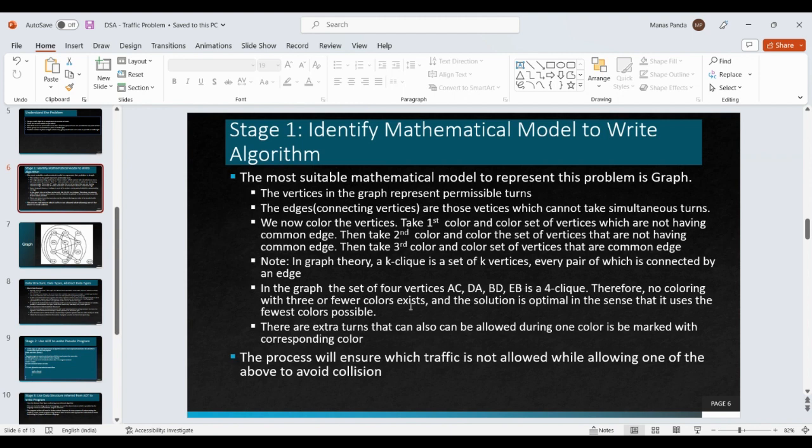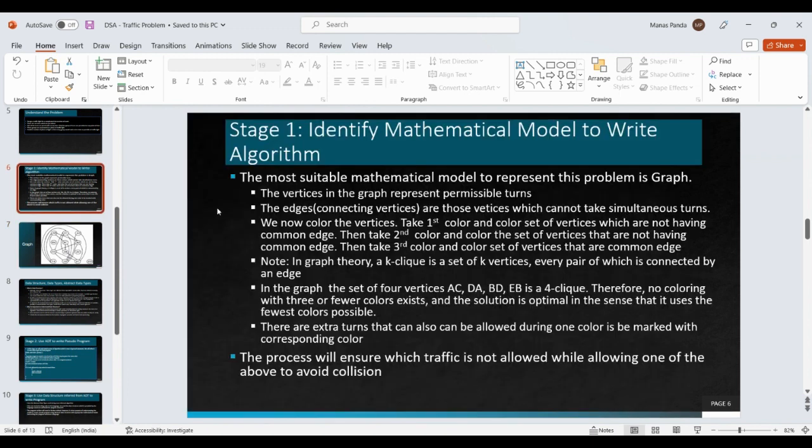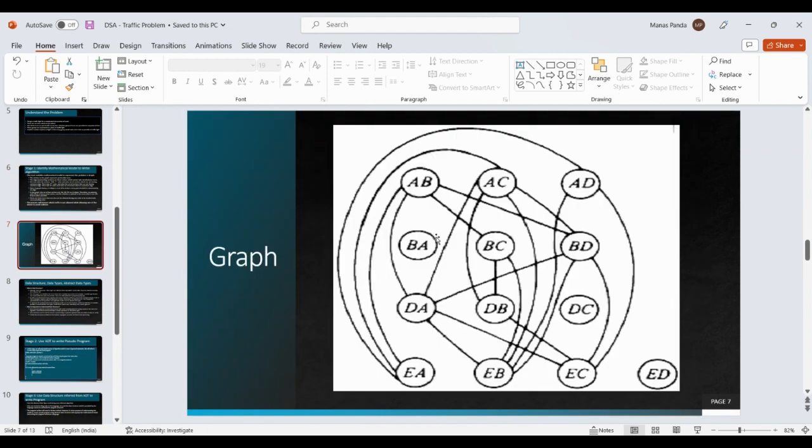So here if you look at AC, DA, BD and EB. So these four, AC, DA, BD, EB, are connected to each other.